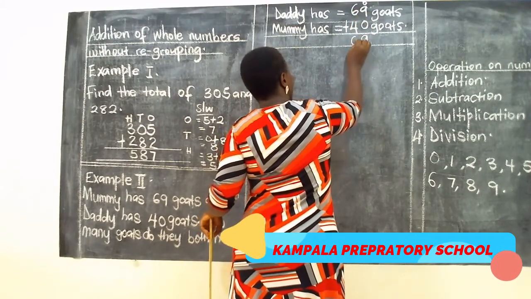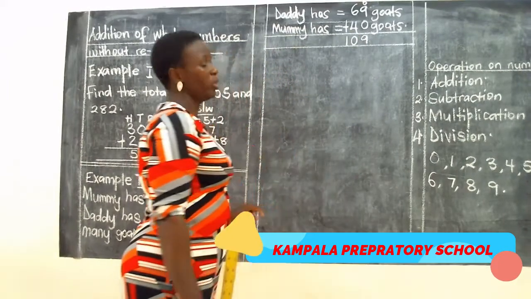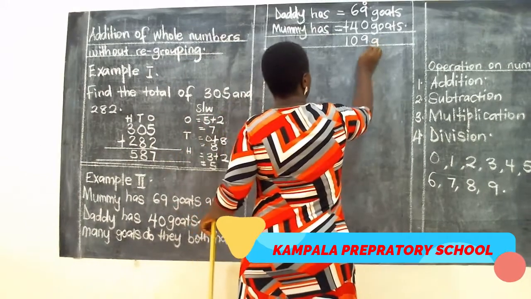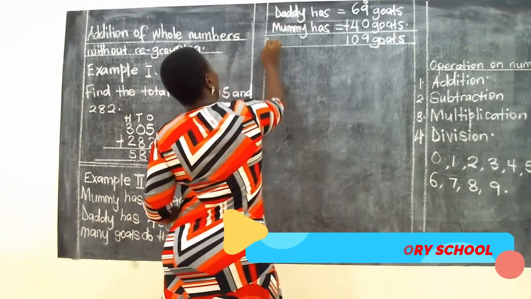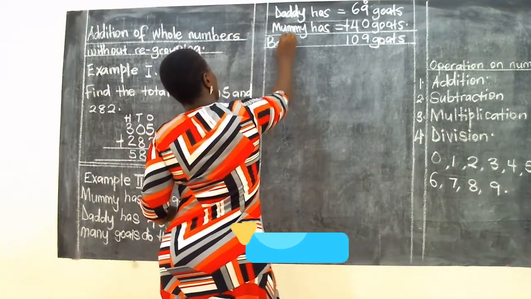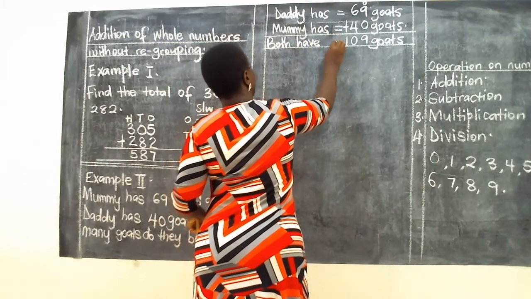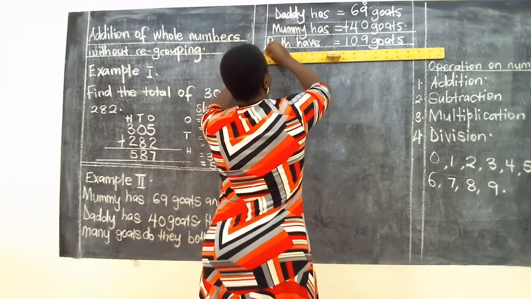So it is a two-digit number, but since it is the last one, we can write it. So they both have 109 goats.